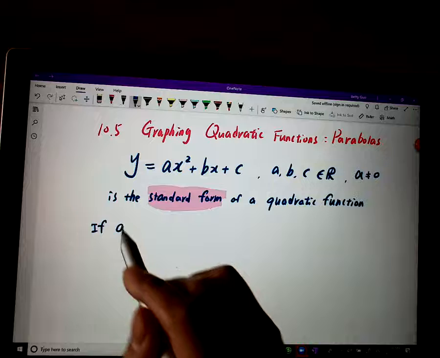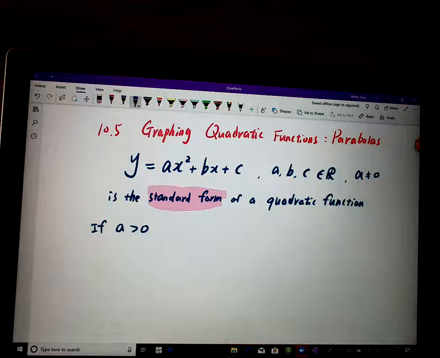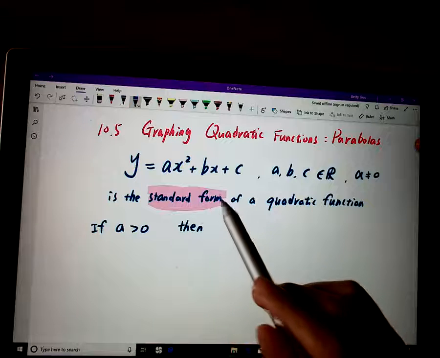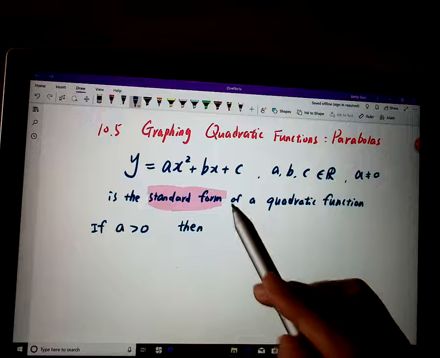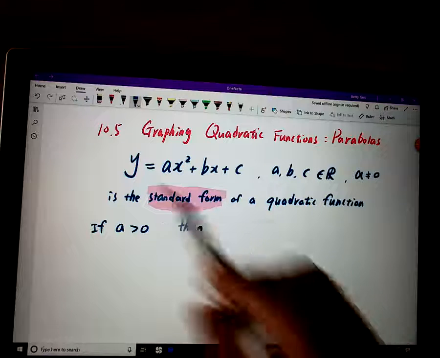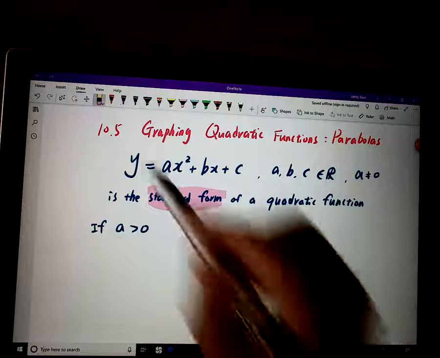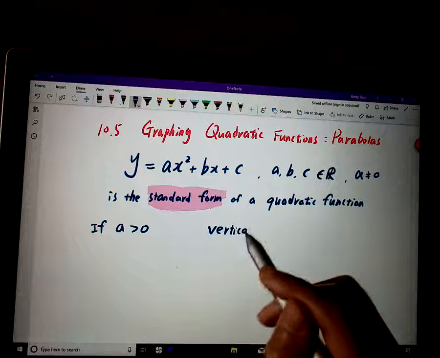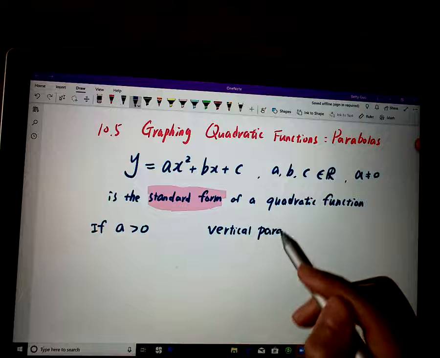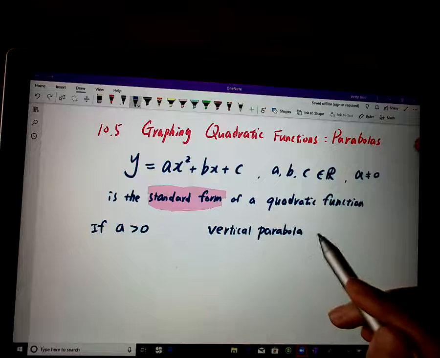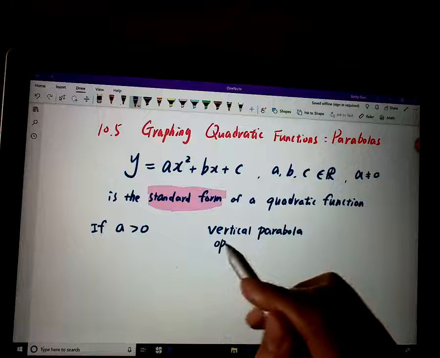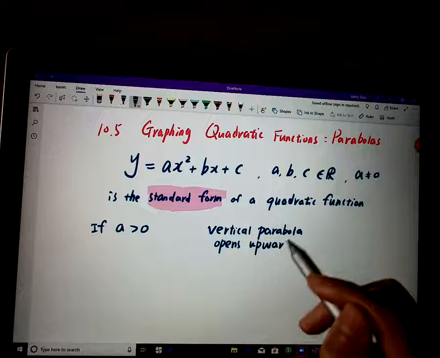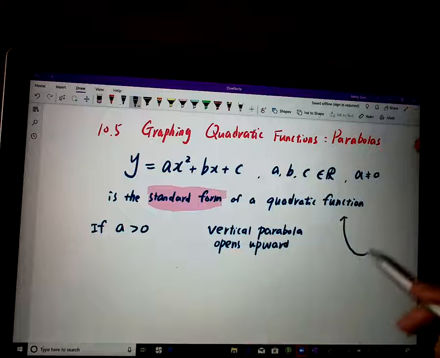If A is positive, the leading coefficient is positive, then the graph of the quadratic function is a vertical parabola that opens up or opens upward. Something like this, you see.